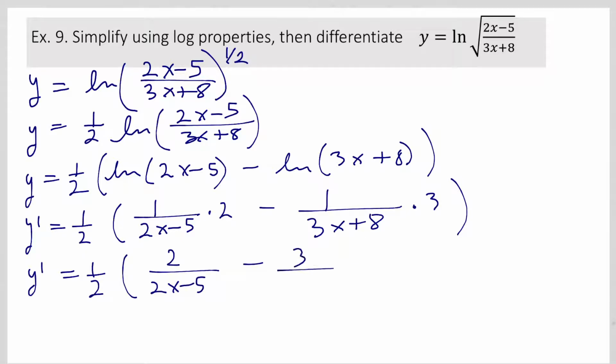That's 3 over. Of course, we got a rational expression again, but we're not going to combine that. Let's just leave it like that. Like I said, if you need practice, you should go ahead and do the combining. But I'm trying to keep this video as short as possible. So this is our answer here.